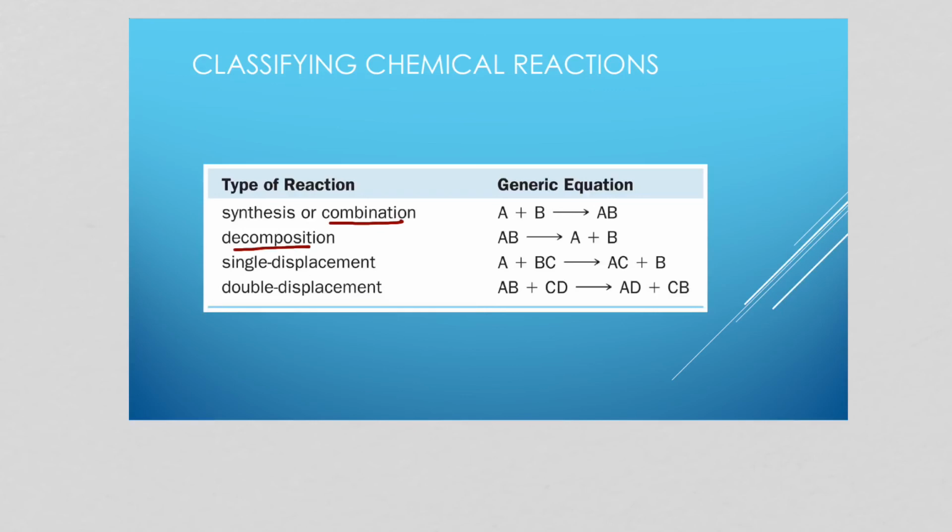So that's a single displacement. And then we have double displacements, and this is what we saw in our precipitation reactions, where we have this swapping of ions. A goes with D, B goes with C to make our potential products. So: combination, decomposition, single displacement, double displacement.